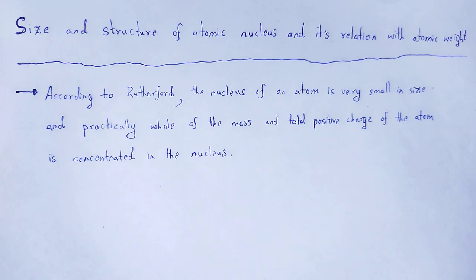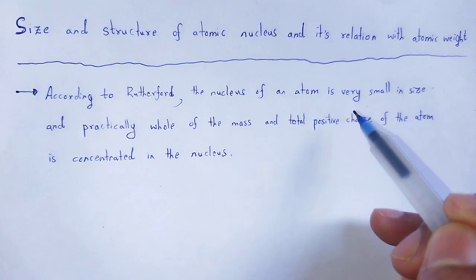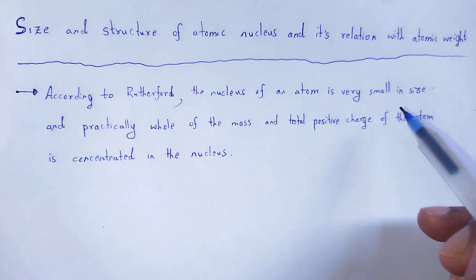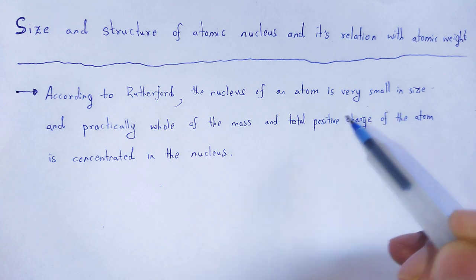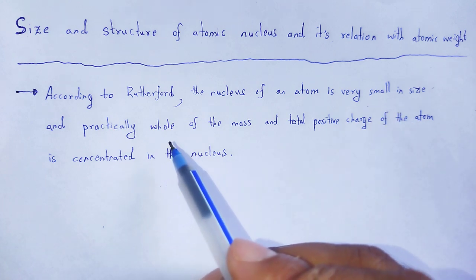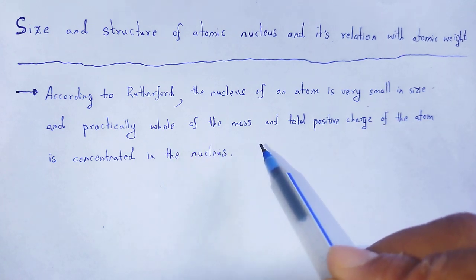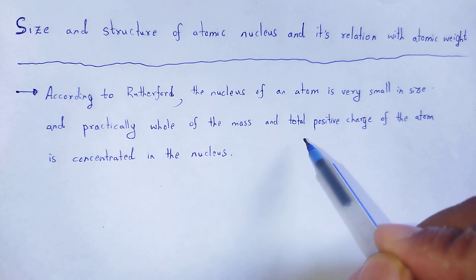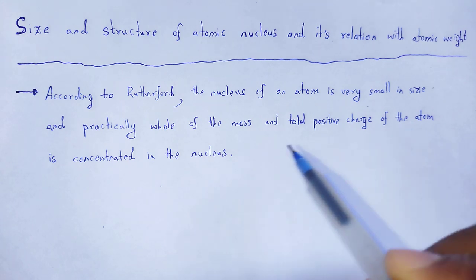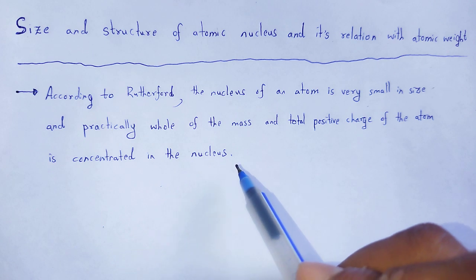According to Rutherford, the nucleus of an atom is very small in size, where practically the whole of the mass and the total positive charge of the atom is concentrated.